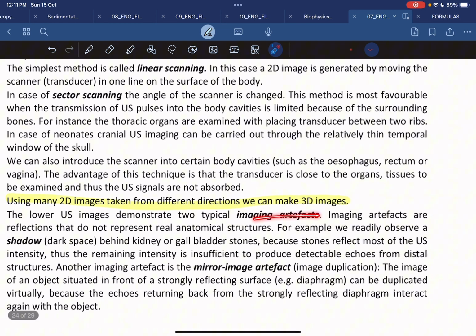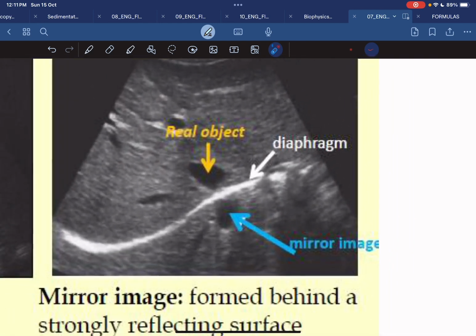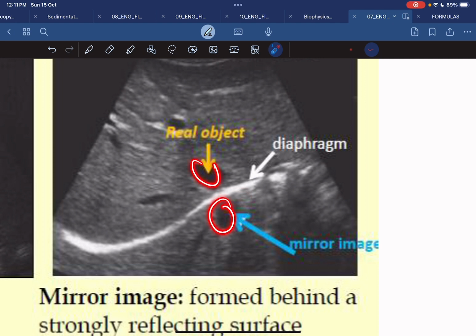And imaging artifacts, basically what they're trying to say over here is this: you see over here, this is the object, but this is not an object. This is the image of this. How do we get this? Because the diaphragm has a high reflection coefficient.